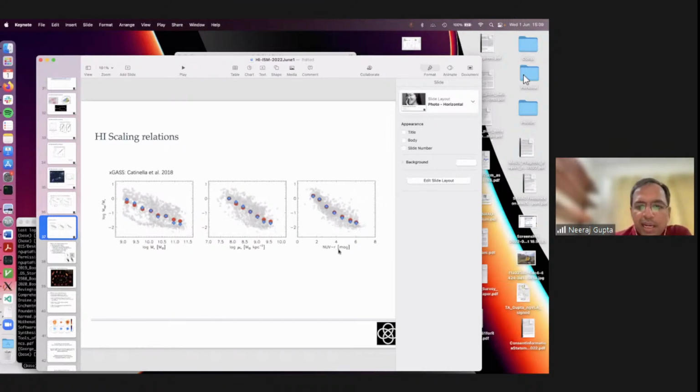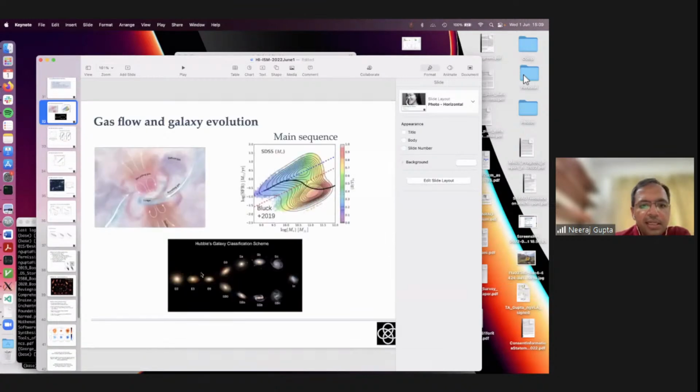Near UV minus R color is sensitive to star formation, right? A blue galaxy would appear on the left hand side of the plot, and on the right hand side you will have the galaxies which are redder. If we go back to our earlier plot, you can see that redder galaxies correspond to these kinds of galaxies, and bluer galaxies are here.